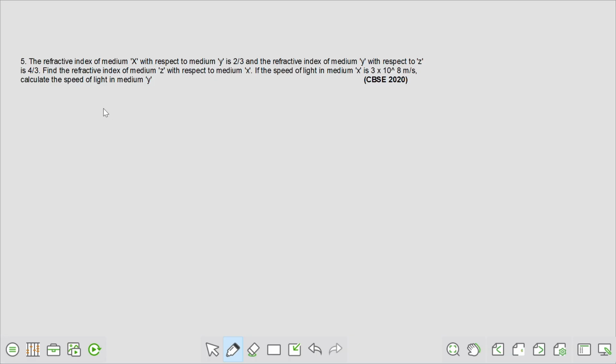NXY, which is equal to 2 by 3, or you can write NX divided by NY, which is equal to 2 by 3. Now, the refractive index of medium Y with respect to Z can be written as NY by NZ, which is equal to 4 by 3.